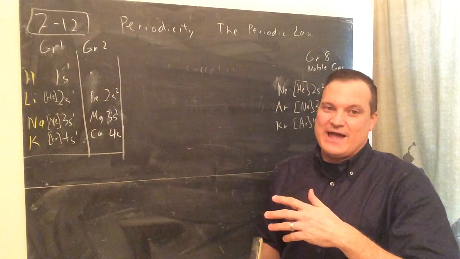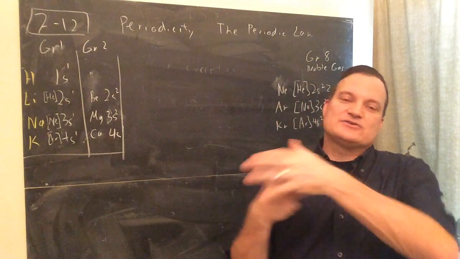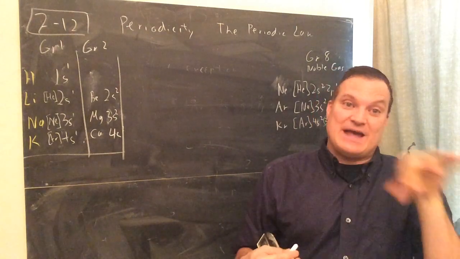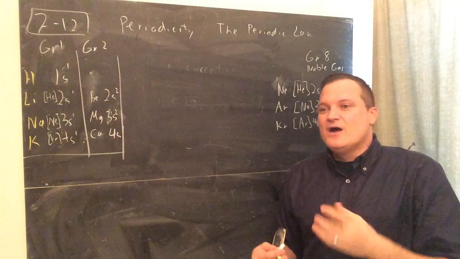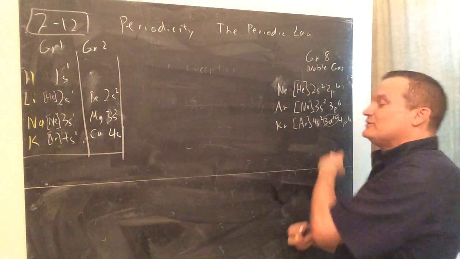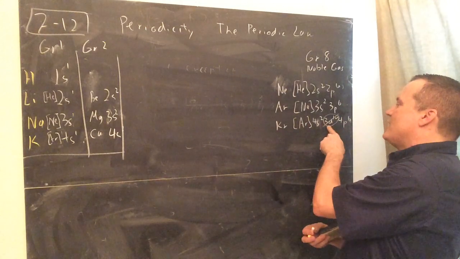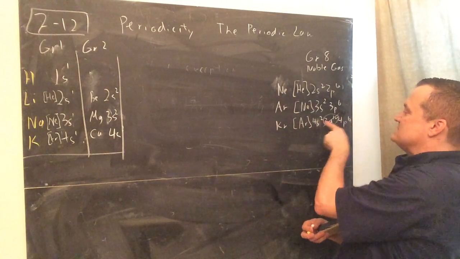Valence electrons of one atom and valence electrons of another are shared, as we'll talk about in the next chapter on bonding. If you have a 3d10, those electrons are not available to share. They all belong just to the atom of krypton. But the 4s2 and the 4p6 do.